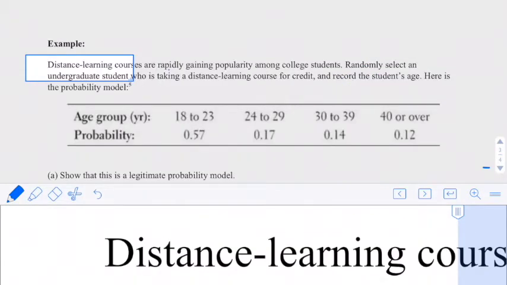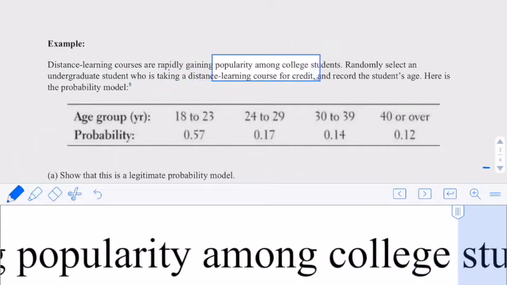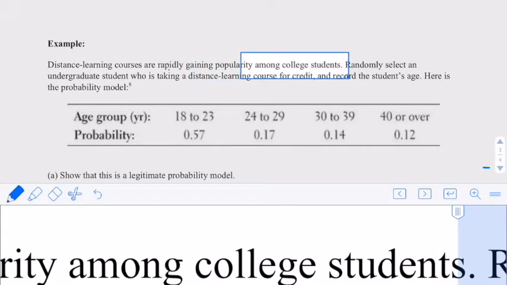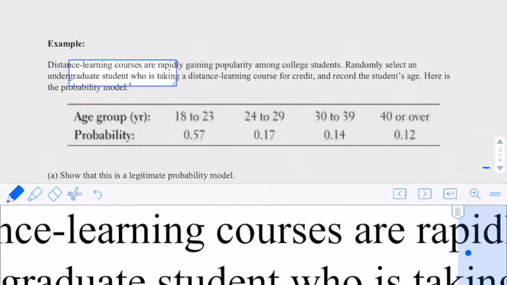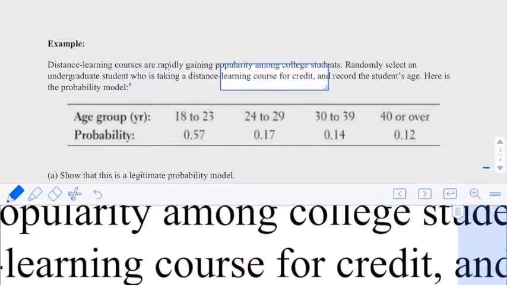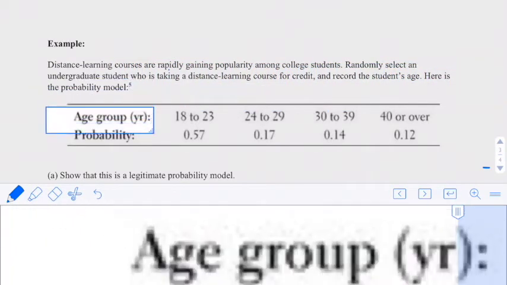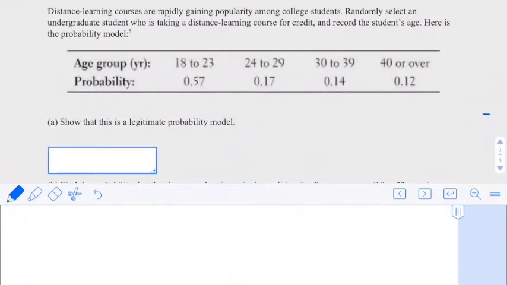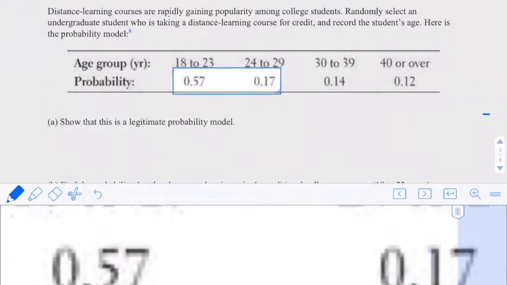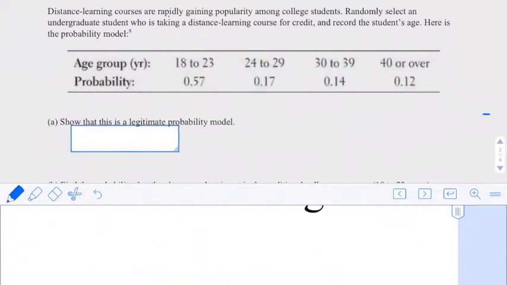Distance learning courses are rapidly gaining popularity among college students. Randomly select an undergraduate student who is taking a distance learning course for credit and record the student's age. Here is the probability model. So show that this is a legitimate probability model. So first of all, probabilities are between 0 and 1.